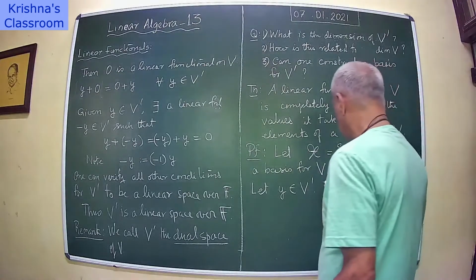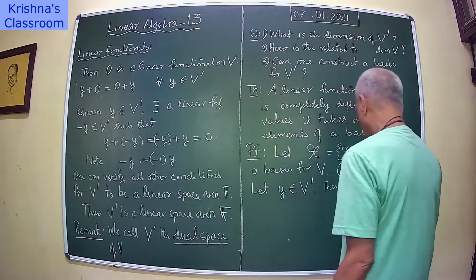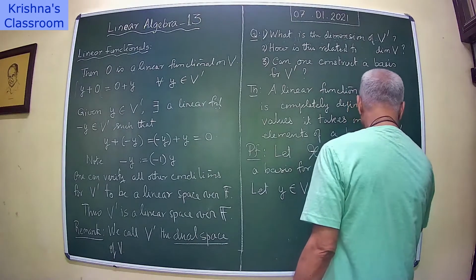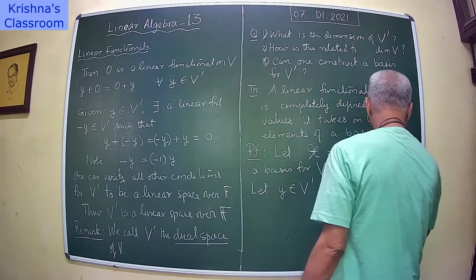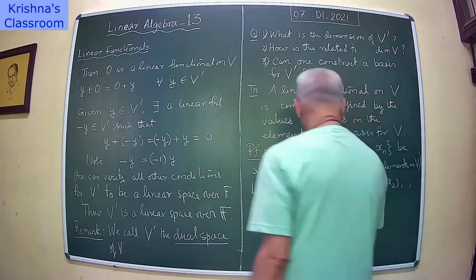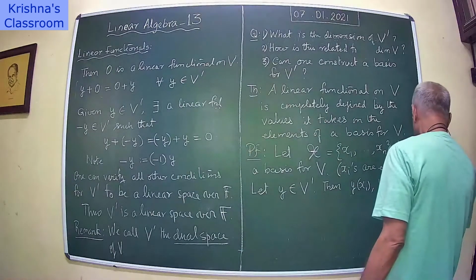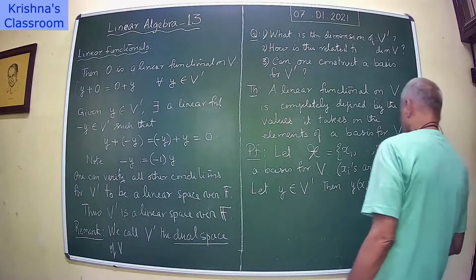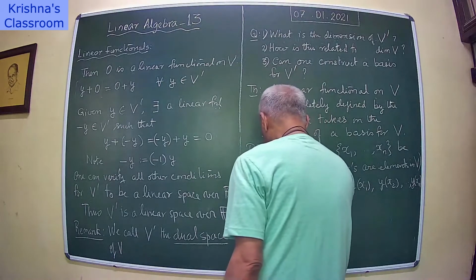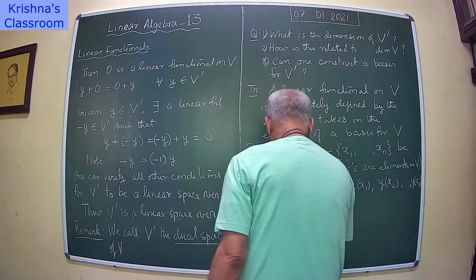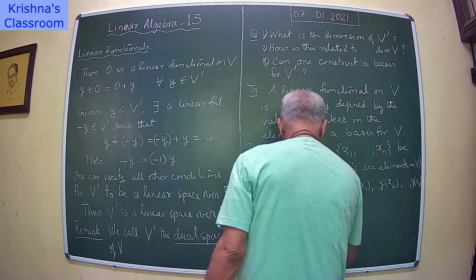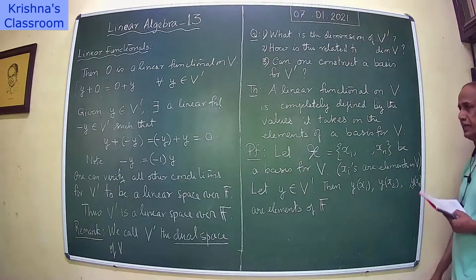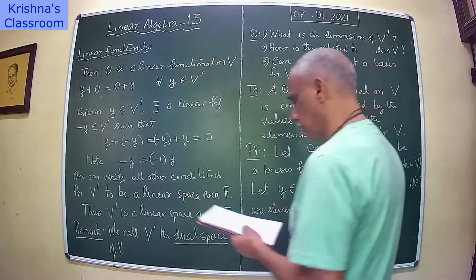Then y of x1, ..., y of xn, that is the evaluation of y at x1, x2, etc., xn, are given elements.